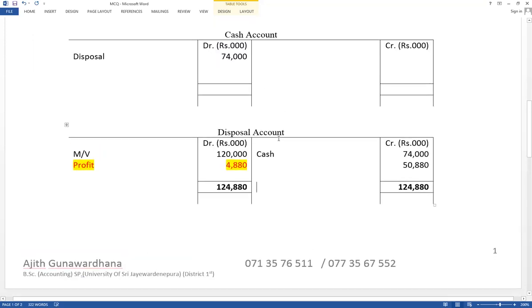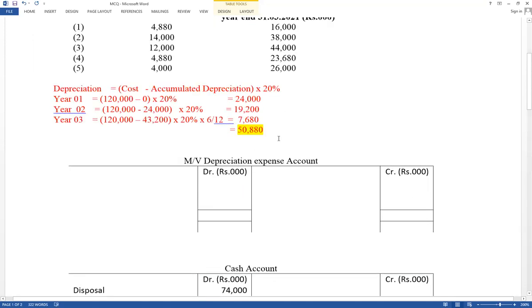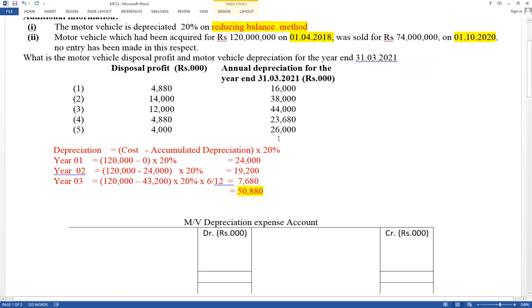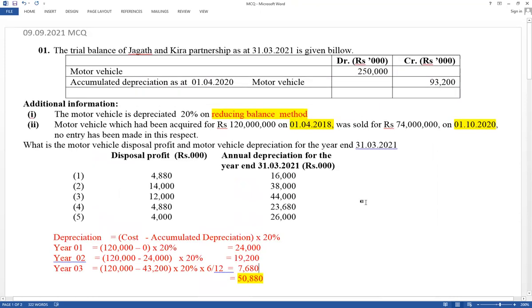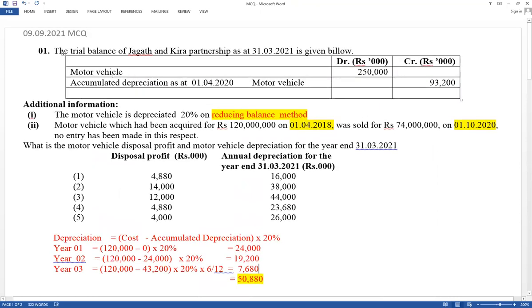Now think how to calculate annual depreciation. Very, very important. Disposal profit and loss calculated, it is equal 4,880. Now think how to calculate annual depreciation. The disposal asset was also available for 6 months.